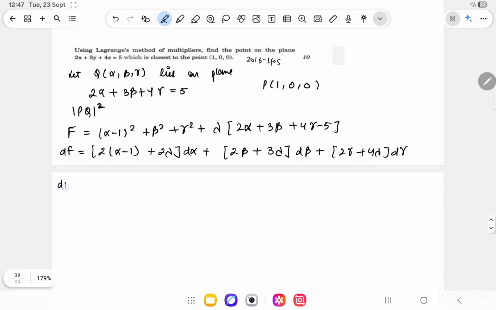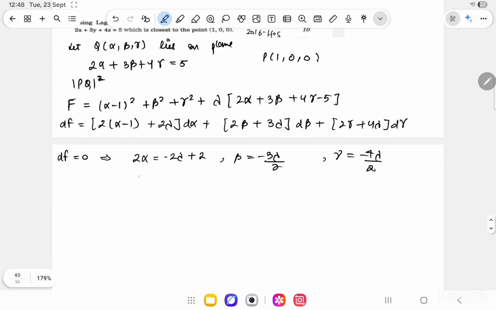Now if I equate it with 0, I'll get my value of 2 alpha as minus 2 lambda plus 2. Likewise my beta is minus 3 lambda by 2 and my gamma is minus 4 lambda by 2.